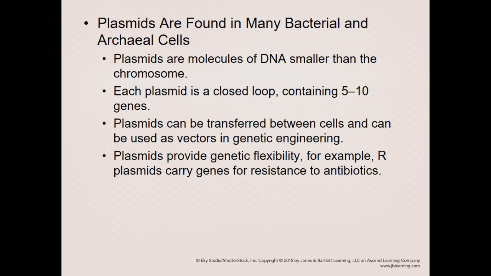What they do is they carry information that can potentially give beneficial benefits to the cell to make the cell more likely to be able to survive in the environment. Examples, some plasmids will give bacteria the ability to use certain forms of carbon that they normally couldn't use. Other plasmids might contain genes that allow them to survive in the presence of specific antibiotics.